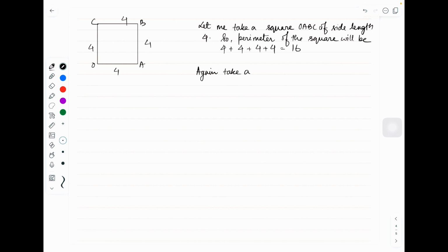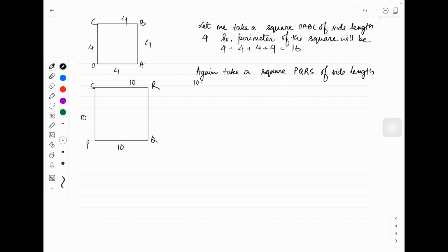Now again, take a square PQRS of side length 10. You are taking a square again, P, Q, R and S of side length 10.